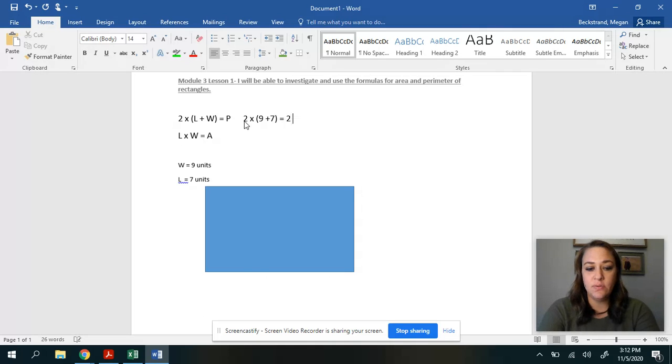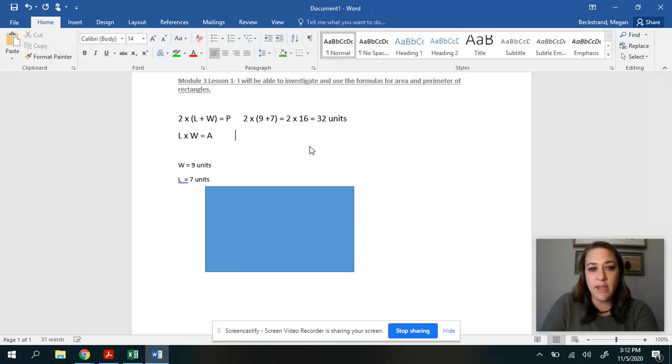So I'm going to take 2 times 16, and you're just doubling 16. So if you aren't really strong with your multiplication facts yet, you could do 16 plus 16. 15 and 15 is 30, plus 2 more, so 32. Lots of different ways you can do multiplication. So 32 units would be our perimeter for this rectangle.